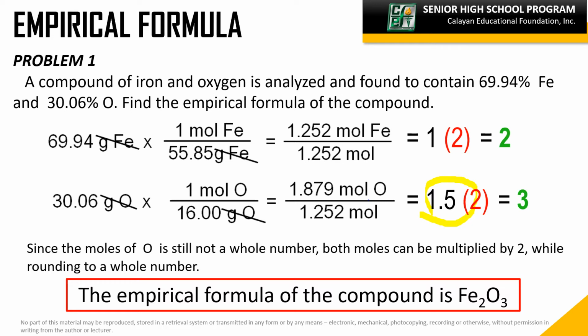So 1 times 2 will give you an answer of 2. 1.5 times 2 will give you an answer of 3. This will serve as the subscripts of the elements. So the empirical formula of the compound will be Fe2O3, or iron(III) oxide.